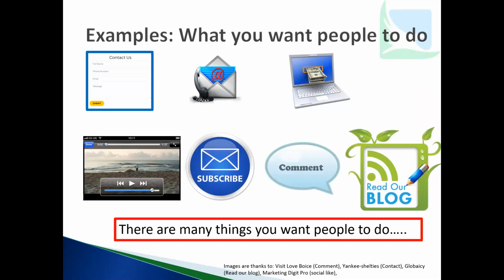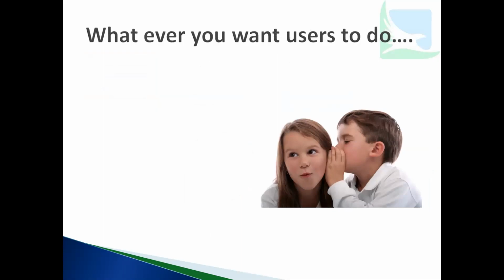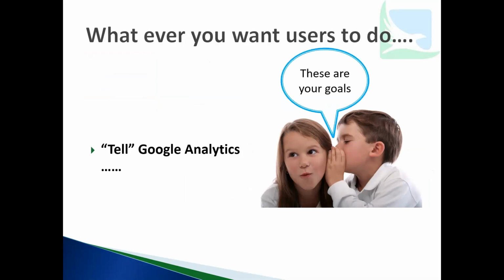You know what? You may have others. You may have many things you want people to do when they get to your website, and that's okay. That's good. These are just some examples. So whatever you want people to do on your website, you need to tell, I put that in quotation marks, you tell Google Analytics. Because what you want people to do on your website are your goals to Google Analytics.